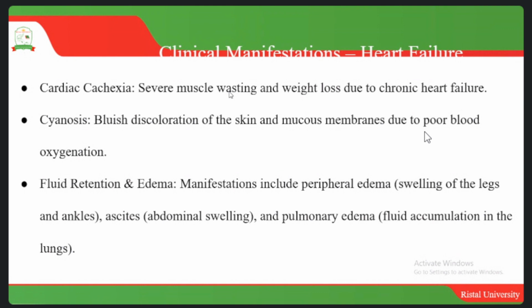Then cyanosis, because the heart has failed, especially in left heart failure, and it will cause a bluish discoloration of the skin and mucous membranes due to poor oxygenation. So when there is decreased cardiac output, the heart will not be able to perfuse most of the vital organs and other parts of the body, and then you see somebody having that bluish color. You just know the person lacks oxygen.